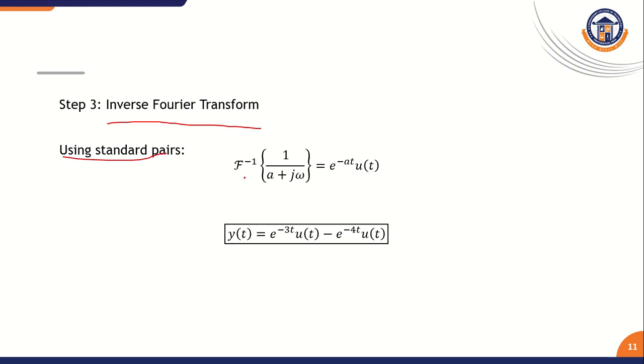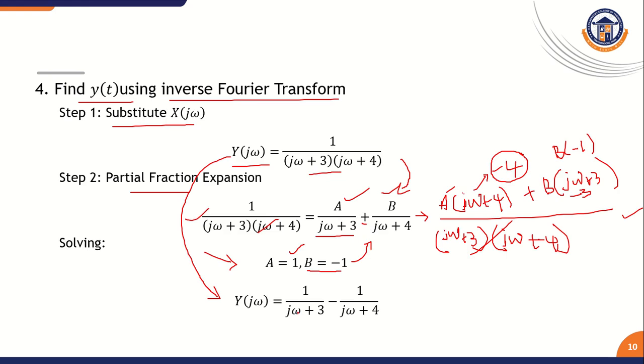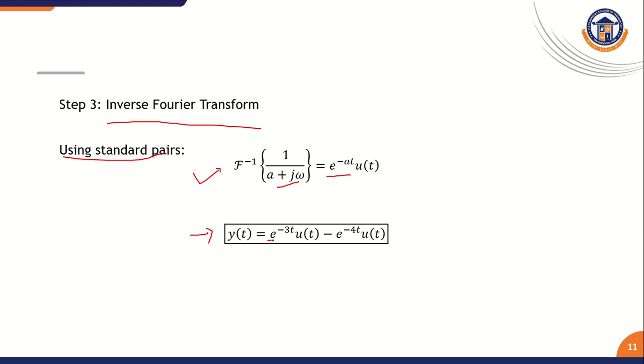We already know that the inverse Fourier transform of 1 divided by a plus j omega is e power minus at into u of t. Using the standard form equation, we can simplify y of t. That means 1 divided by j omega plus 3 is written as e power minus 3t into u of t.